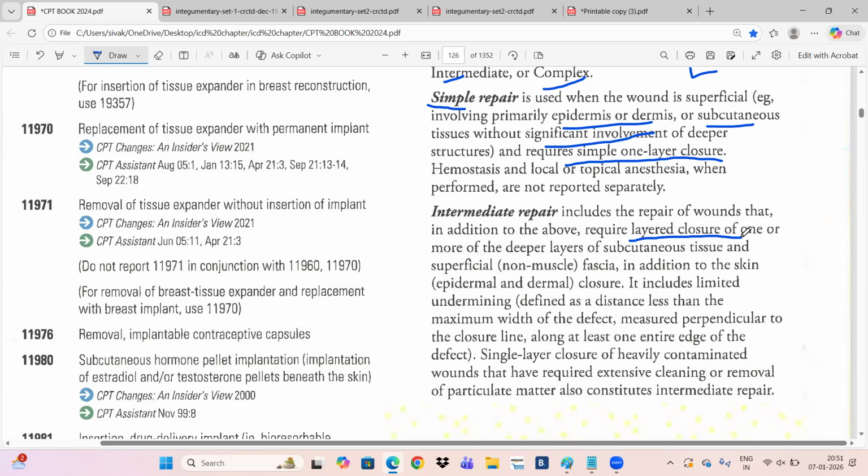Sometimes single layer closure also we can code as intermediate. When do we need to code as intermediate?